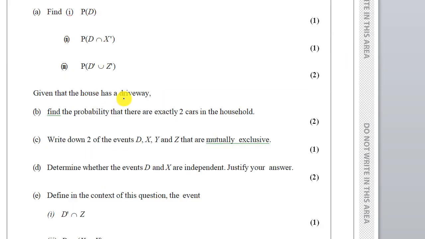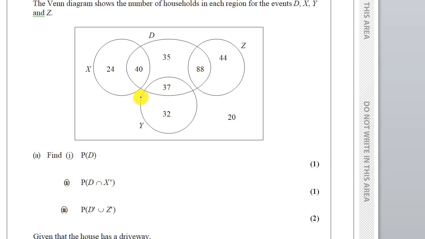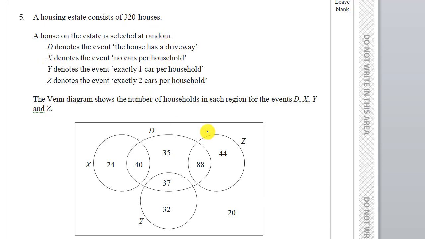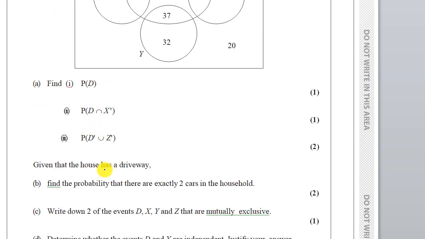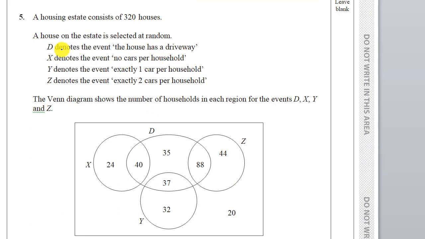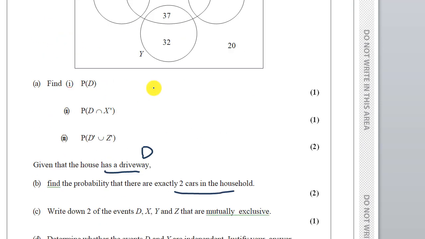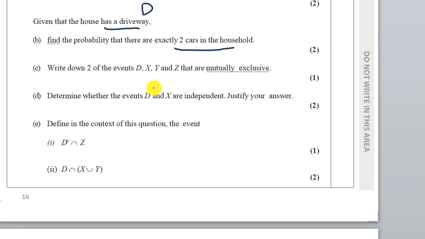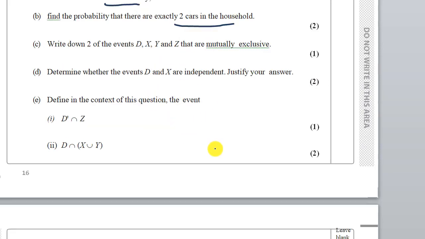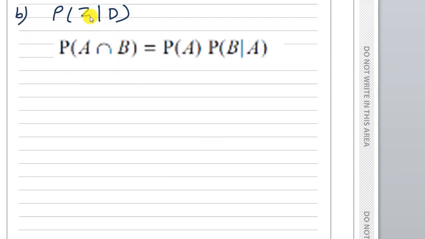Given that the house has a driveway, so it's D. Now, find the probability that there are exactly 2 cars in the household, which is D, Z. So we need now the probability of Z given D. This is the equation that you have from the table.